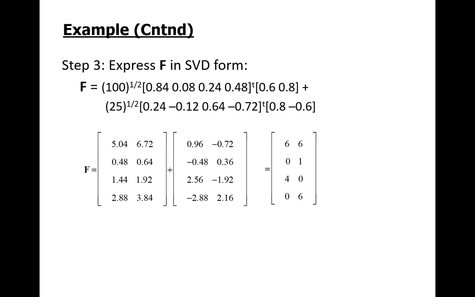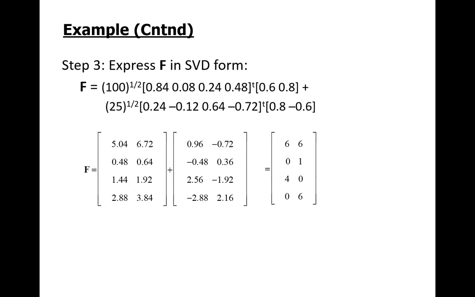Suppose you had thrown away the eigenvalue that corresponds to a singular value of 25. Then your matrix F is going to look like only the first 4 by 2 matrix in the expression at the bottom. The second expression will not be there because you have discarded it. That will give you an approximation.